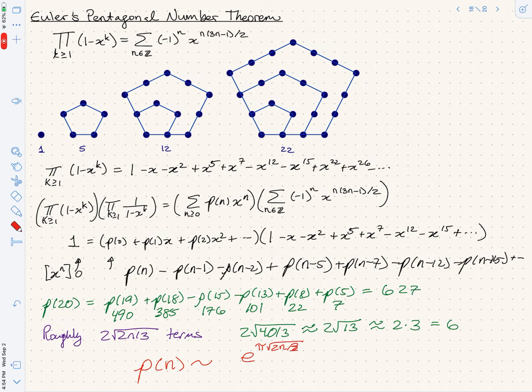It's not a constant. There we go. 2n over 3, sorry, 2n over 2 would be rather stupid. 4 square root of 3 n. I'm going to emphasize the square root's not in the bottom. So this is roughly the growth of the partitions. So they're exponential, but not quite, is a good way to think about it.